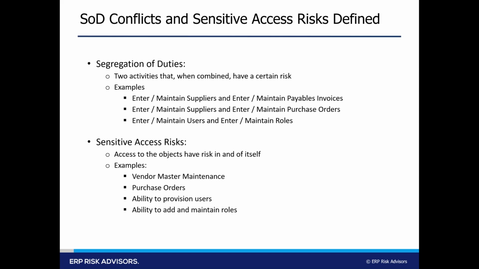And there are significant risks from a compliance and a fraud perspective on these components individually. I think most people really understand the concept of vendor master maintenance being a risk in and of itself. You could just modify an existing vendor. That's really the risk associated with vendor master maintenance. So a vendor is already set up.